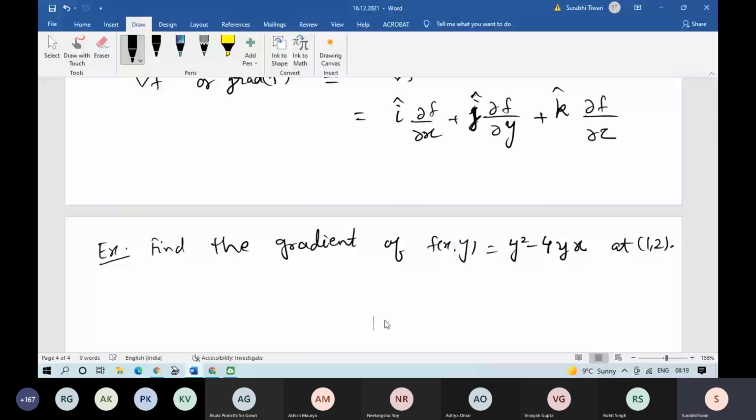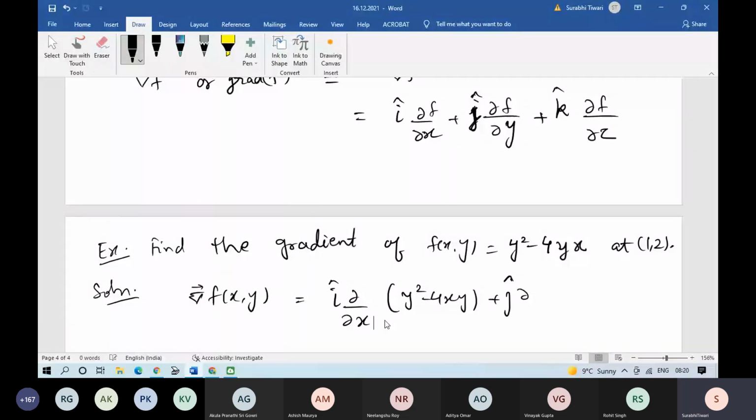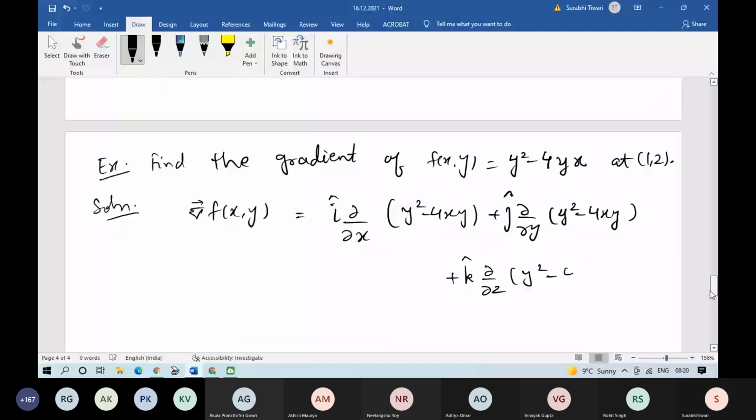So what will the solution be? f = i ∂/∂x of (y² − 4xy) + j ∂/∂y of (y² − 4xy) + k ∂/∂z of (y² − 4xy). So we get −4y i + (2y − 4x) j. See? Clear to everybody? Yes, ma'am.